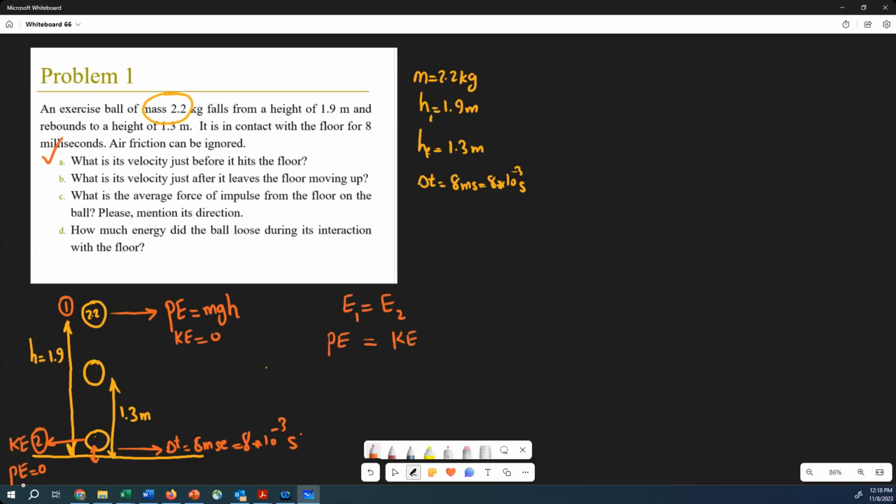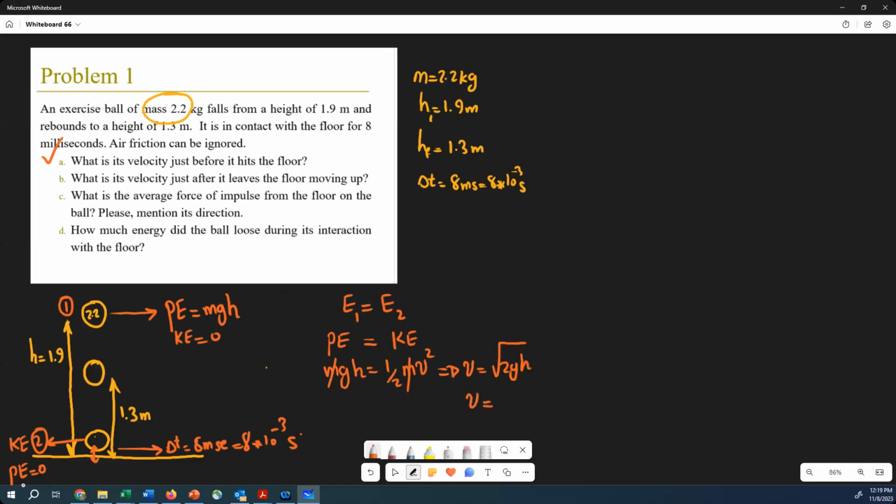We already know that the potential energy is mgh, and kinetic energy is 1 over 2 m v squared. So m cancels out. If I solve this for v, because we are supposed to calculate the velocity, it's going to be the square root of 2gh, yep.